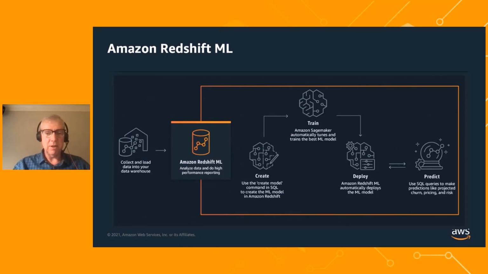With Redshift ML, you can take advantage of Amazon SageMaker, a fully managed machine learning service, without having to learn new tools or languages. Simply use familiar SQL statements to create and train Amazon SageMaker machine learning models using your Redshift data, and then use these models to make predictions.